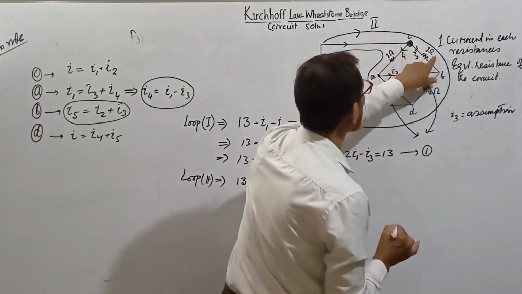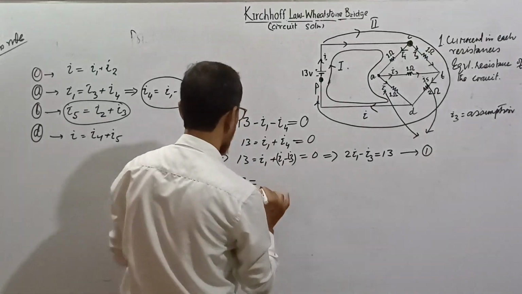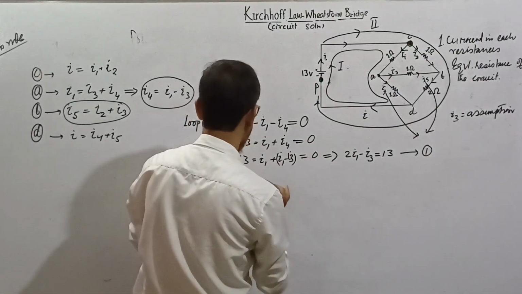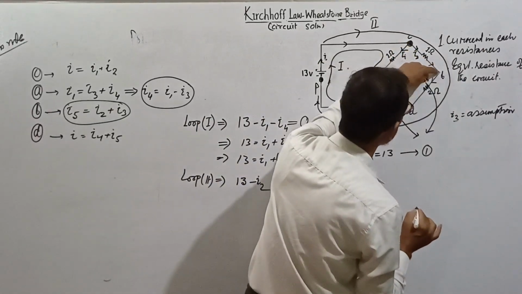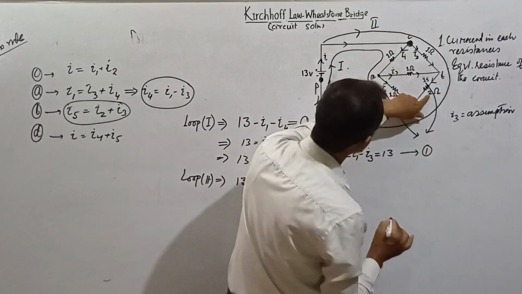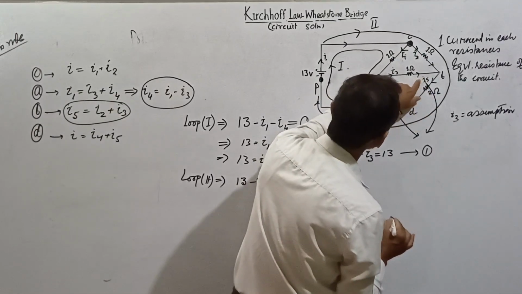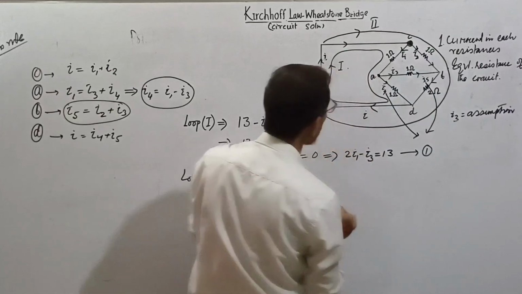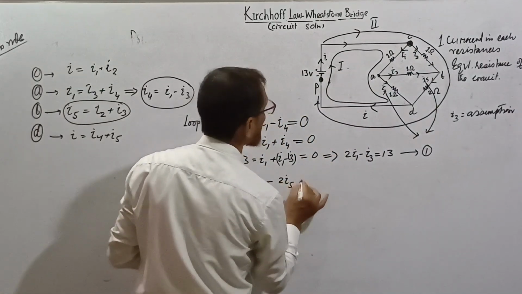So I2 into 1 means V is equal to I2. I3 minus I2, and it comes to that point. Again it comes in this direction, along the direction of the 2. Am I right? So 2 into I equal to voltage drop, twice minus twice I5.